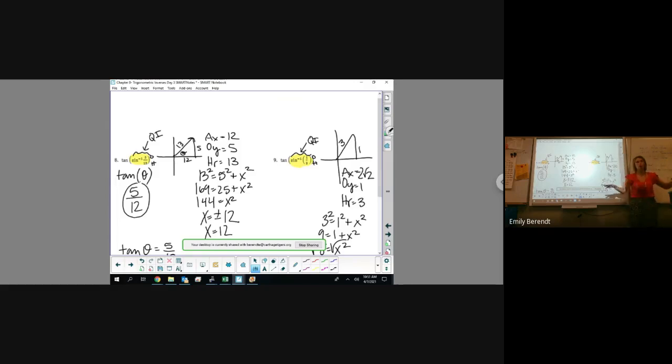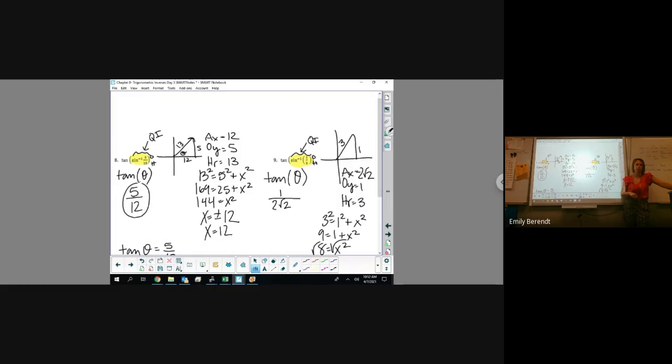We don't know what angle we're working with, so we replace the inverse trig word of the ratio with a generic angle. So we're going to say tangent of theta. So you have normal trig word followed by an angle. Your answer is supposed to be a what? A ratio. What ratio do we choose? Tangent, which is opposite over adjacent. So we take our O over A, 1 over 2 root 2.